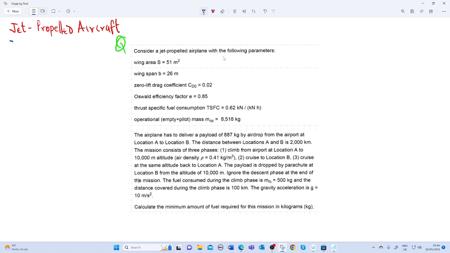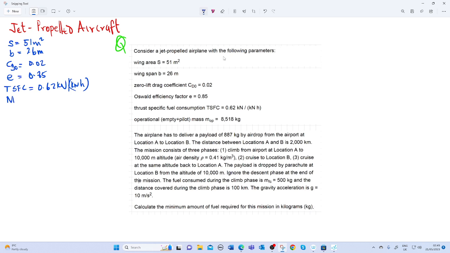We have the wing area S equals 51 square meters, the span 26 meters, the CD0 0.02, the Oswald factor 0.85, the TSFC 0.62 per hour.